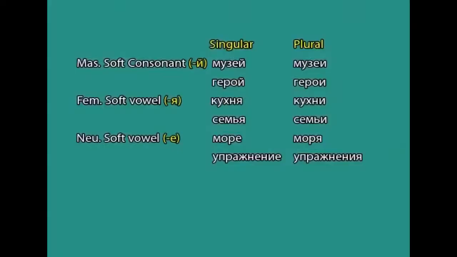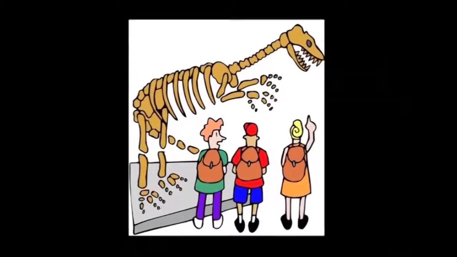How do we form plurals of soft ending nouns? Okay, what are the soft ending nouns? Within the masculine gender nouns, if a noun ends with an E kratkoe, which is a soft consonant, the noun is a masculine gender noun. For example, muzei, m-u-z-e-i with E kratkoe. Muzei is museum.